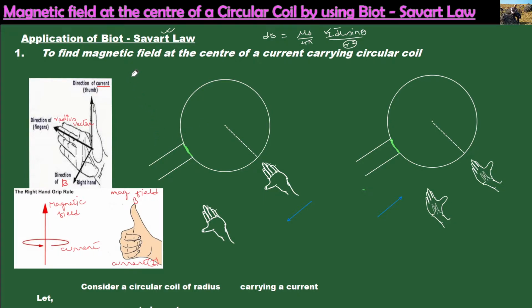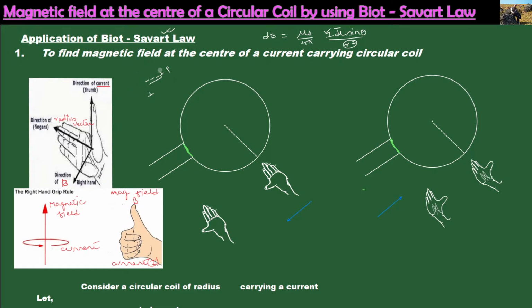Also, we have learned that if I have any wire and current is flowing through this wire, and I consider any point P at a certain distance from the wire, there will be a magnetic field associated with that point. This magnetic field will be in the form of closed loops. These are some of the important things that we have learned from Biot-Savart's law.